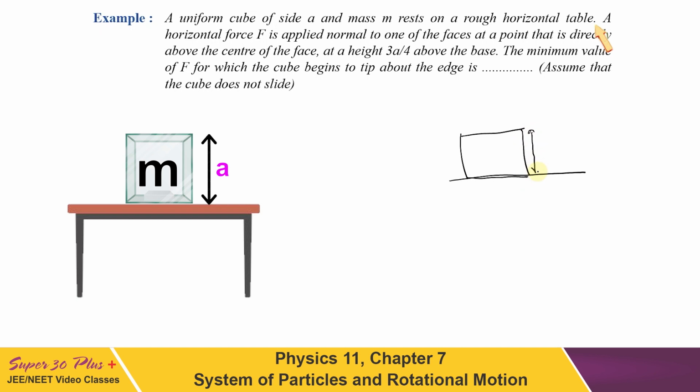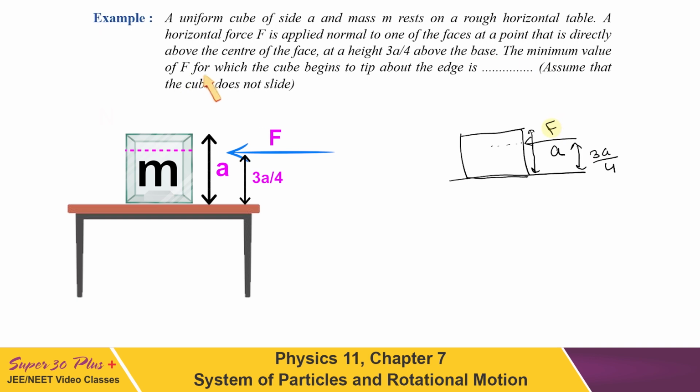Edge length is given, that is equal to A. A horizontal force F is applied normal to one of the faces at a point that is directly above the center of the face at a height 3a by 4 above the face. So here the point of application of force is like this. It is at a height 3a by 4 above the base. So this is the application of force F.